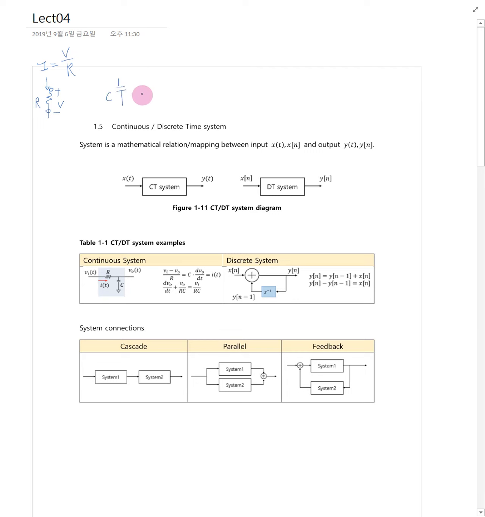If we apply voltage V, then the stored charge Q is given by C times V. But the current of the capacitor is given this way: dq/dt, the rate of change of charge with respect to time. This is the definition of current. So by differentiating CV with respect to time, we get C times dV/dt.